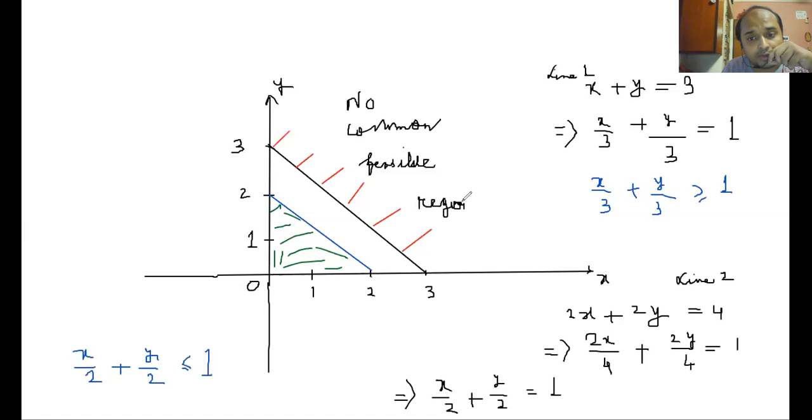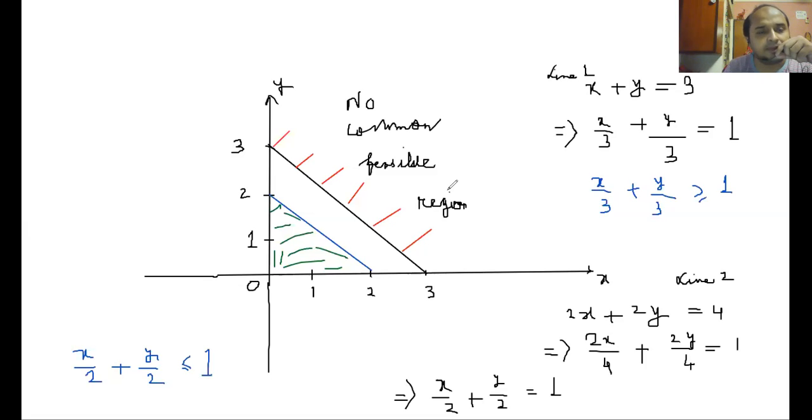But what did the graphical method say? The graphical method said that to find the solution, to optimize the thing, you need to get a common feasible region. After getting the common feasible region, we mark the corner points and do such and such things.